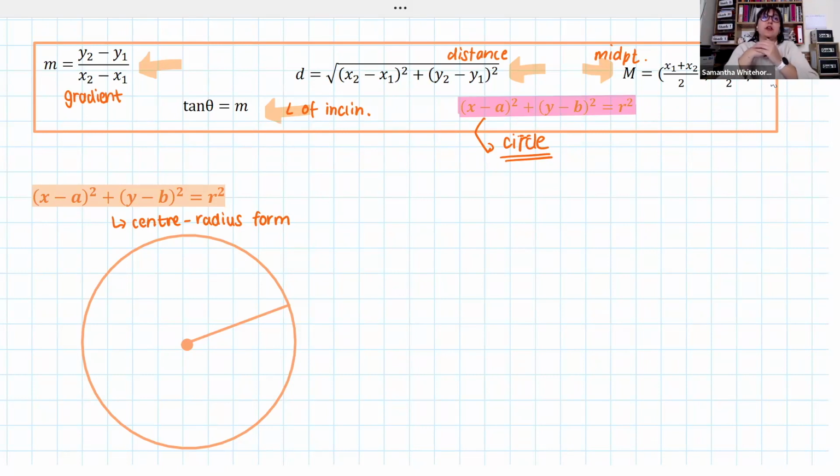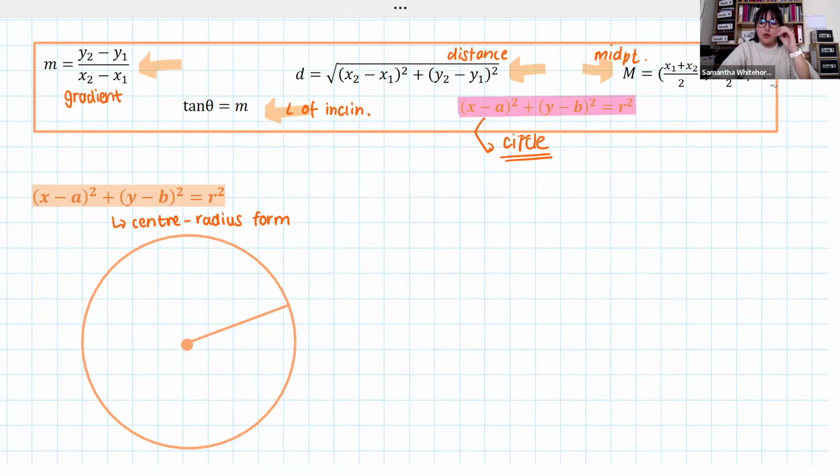For example, with your parabola, you get a turning point form, an x-intercept form, and a standard form, ax squared plus bx plus c. So there are different forms of formulae depending on what you do with them. If you were to expand your brackets out in this formula, you would just have your standard form.